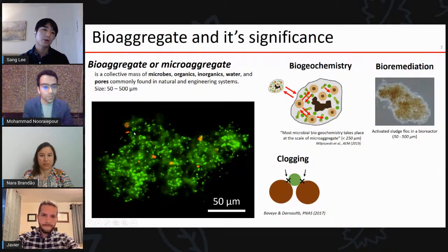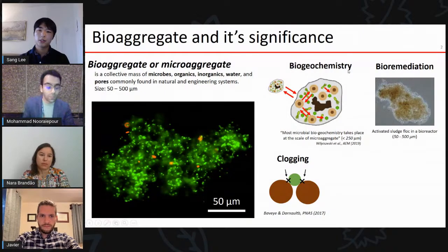It is composed of Myxococcus xanthus, shown in red, embedded in the aggregate of E. coli cells, shown in green. These aggregates play vital roles in many natural and engineering systems. For example, biogeochemistry underground is reported to be mediated by units of soil aggregates, and bioremediation of wastewater is performed by activated sludge flocs in a bioreactor.